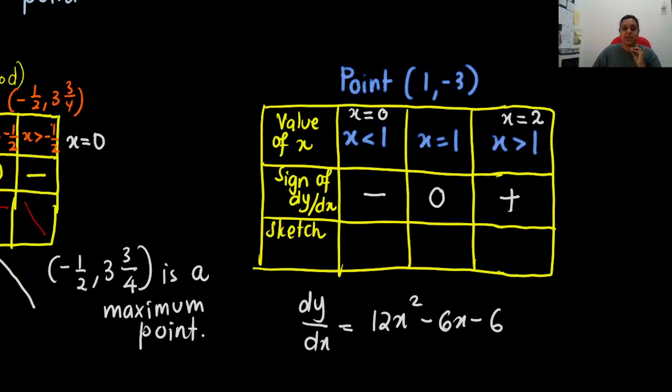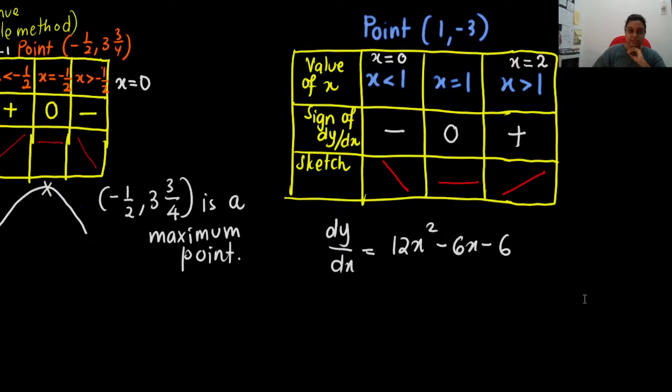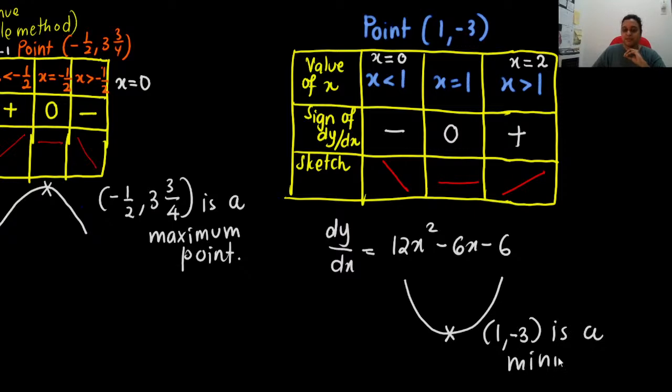Therefore, when you sketch the graph, negative will go down, 0 will be horizontal, positive will be going up. So your graph for this one will be a smiling graph, and your point 1, negative 3 is a minimum point.